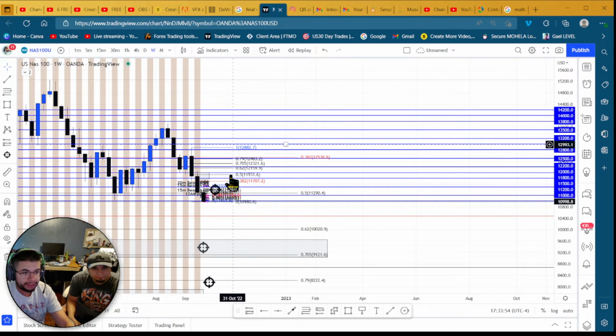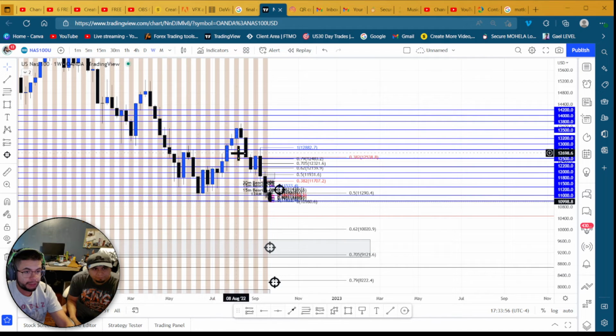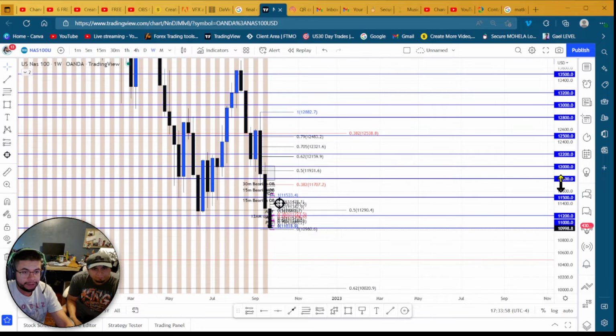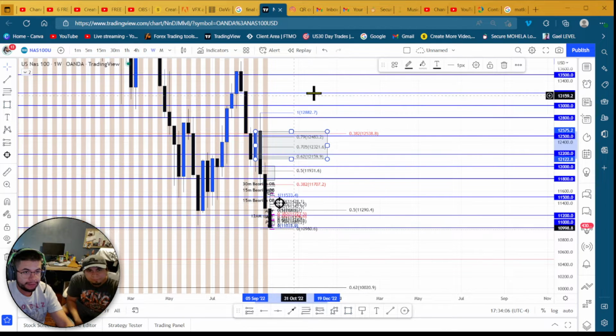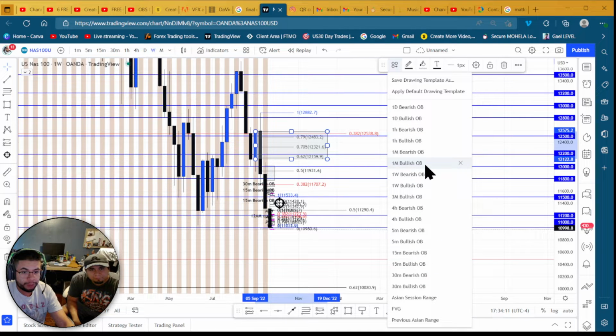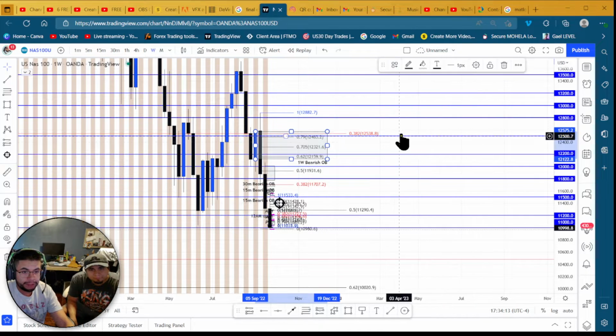So you guys see this right here, which lines up with this order block on a weekly time frame, the last up candle before the down move. And that's actually a very strong weekly bearish order block.